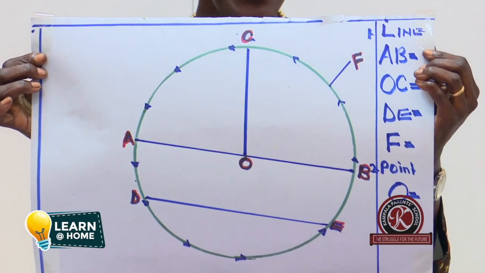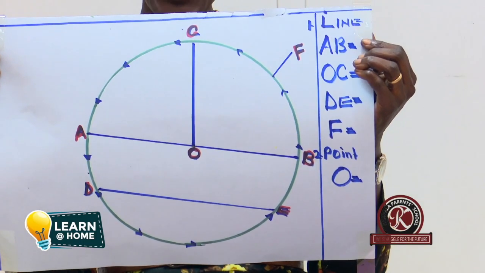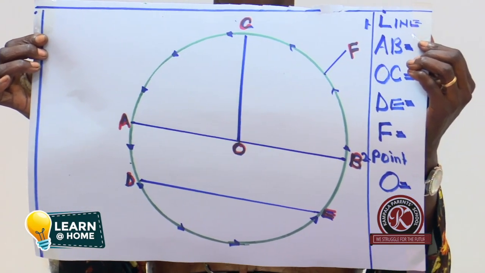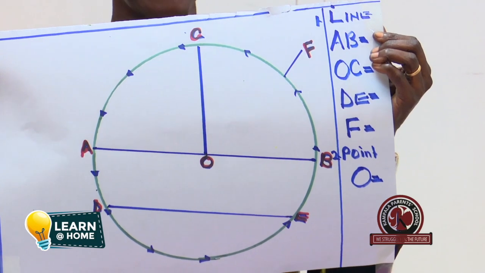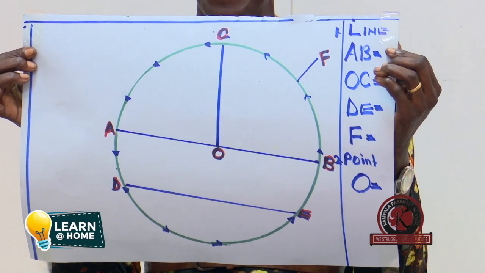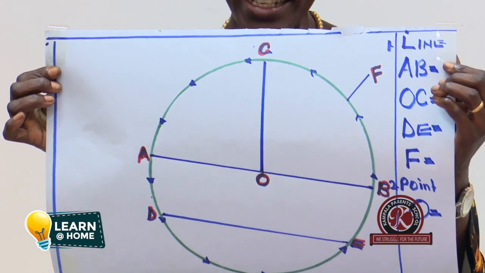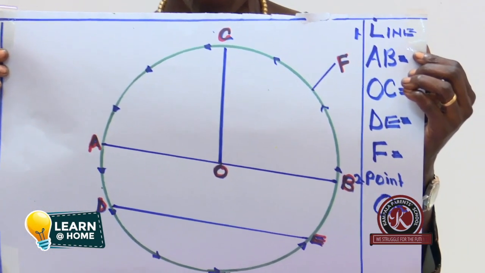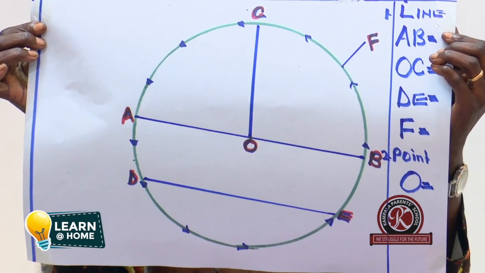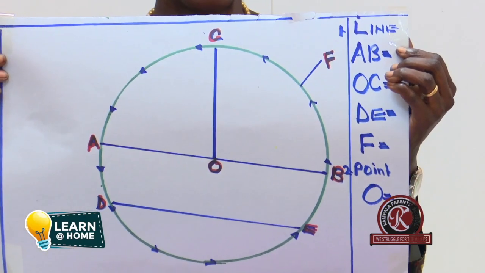There is line AB, which is going through the center. There is line OC. There is line DE. There is line F. And the last one, point O. Ashley, you're looking at me instead of writing.